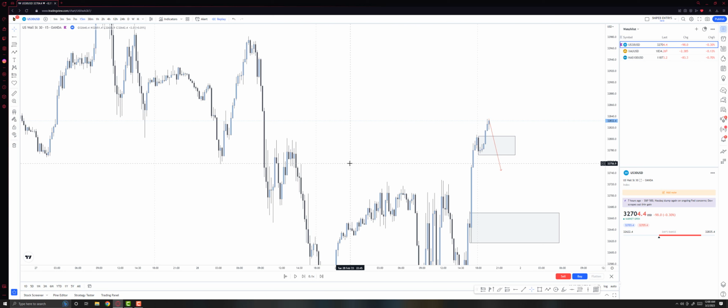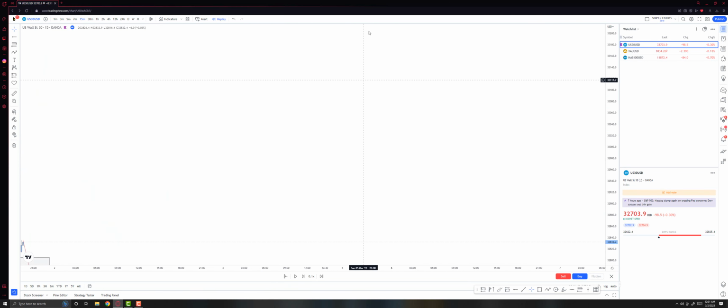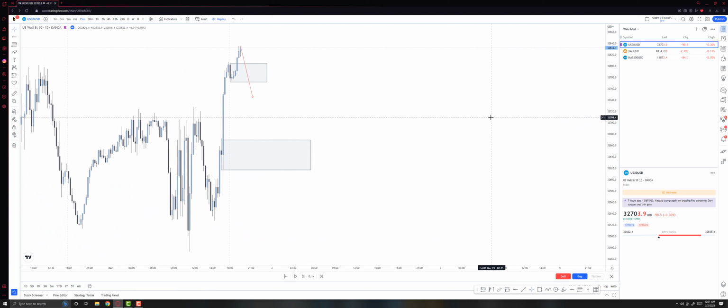I hope you understand this kind of concept. It's super simple, not complicated. It's only internal, external structure. You only need to understand where the market is every single time that you're going to be taking a trade. And if it's against your trend, and you don't want to go against the overall trend, then just wait for the market to internally switch into a downtrend or uptrend depending on the structure.